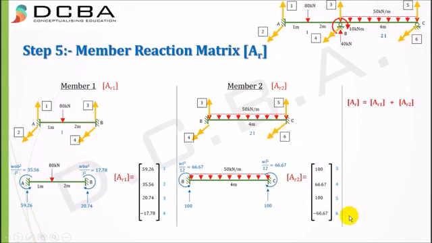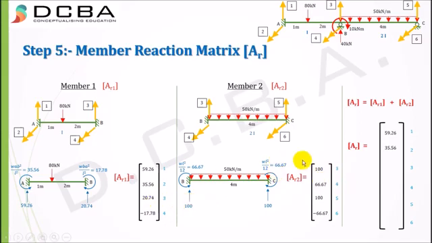Now we need to add both these, and the final AR matrix would be a 6 cross 1 matrix. The first element will be 59.26, second is 35.56, third is common in both the matrices, that is AR1 and AR2, therefore we need to add them.